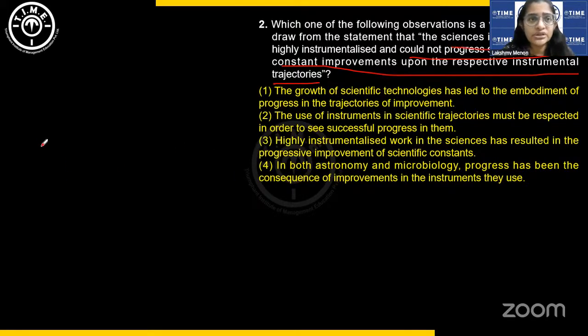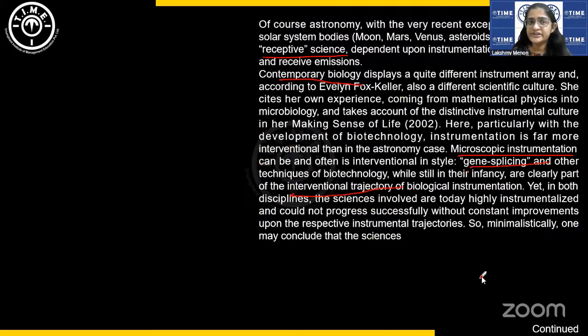We know the author is talking about only two sciences, astronomy and biology. And the context here is the author says these two are different. One is receptive and the other is interventional. However, in both the disciplines, this is where the author makes this statement. So these two sciences are highly dependent on instruments and could not have evolved successfully without progress made in instrumentation.